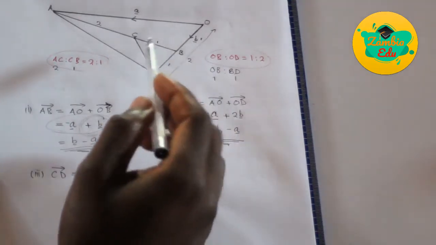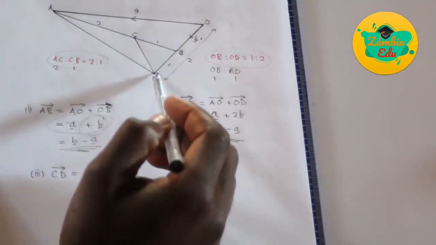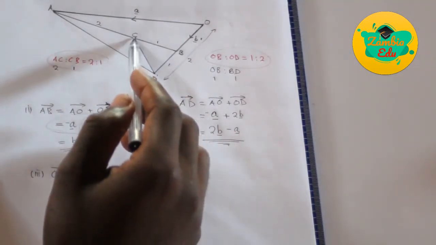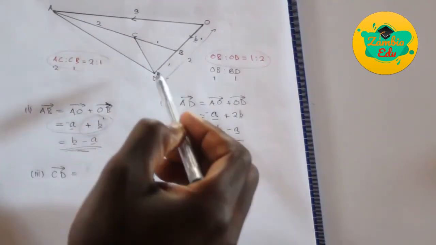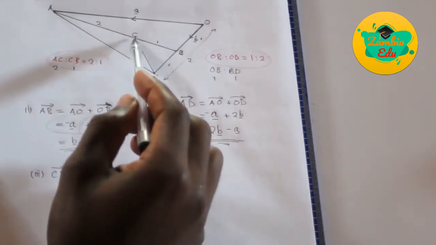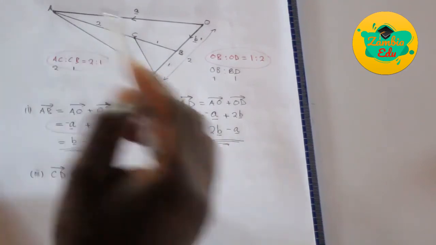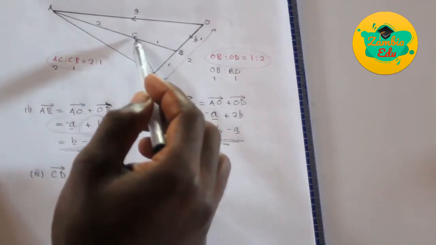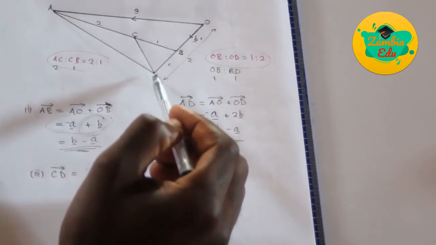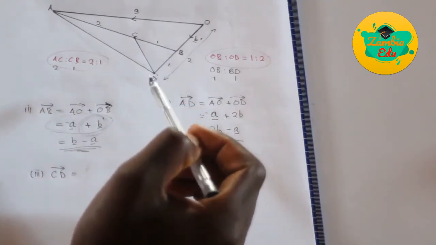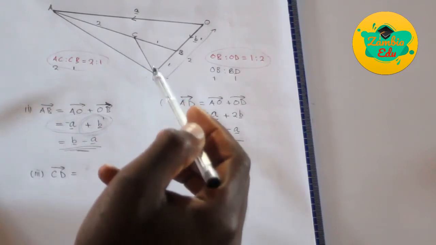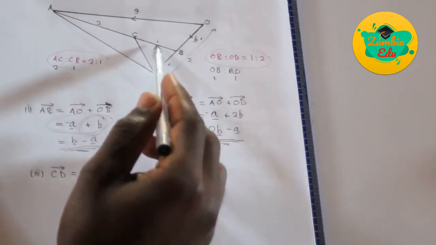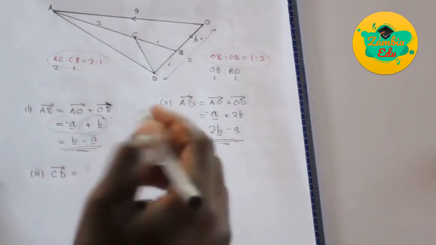For us to be able to find CD, there are quite a number of routes we can use. We can either use C to A, then A to O to D, or we can go C to A to D, or we can go C to B, B to D. And for me, this one looks shorter. What about the values? I think we can find them also.